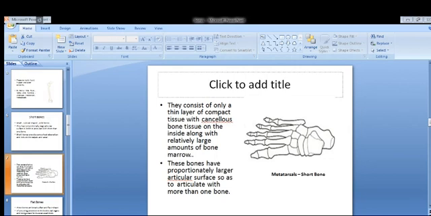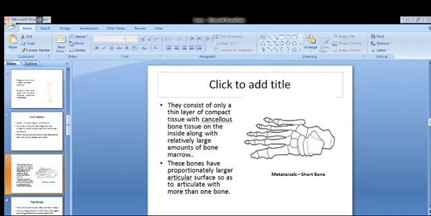So inside is the cancellous, and outer is the hard, formed of compact. And this inside portion has a large amount of bone marrow, right? And that is why it is spongy, it is soft.